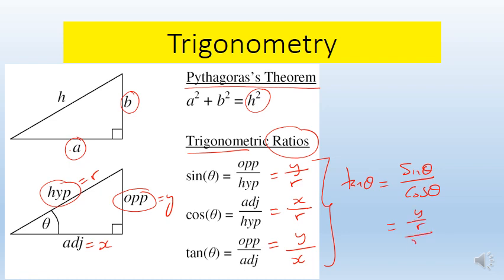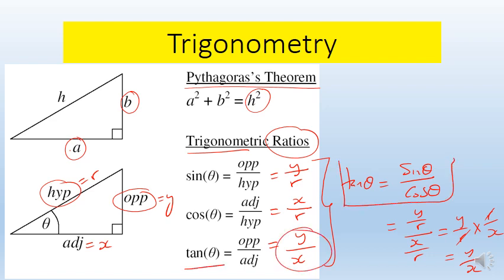Cos theta is x over r. So y over r, you got a fraction over a fraction, you invert the second one, r over x. The r's cancel out. And for sure as God made little apples, look at that. It's y over x. And y over x is tan theta. So we've just proved a very neat little result, that tan theta is indeed sine theta over cos theta.